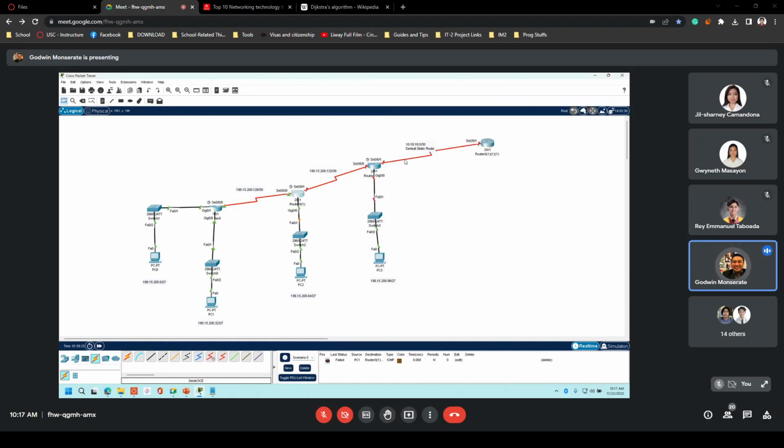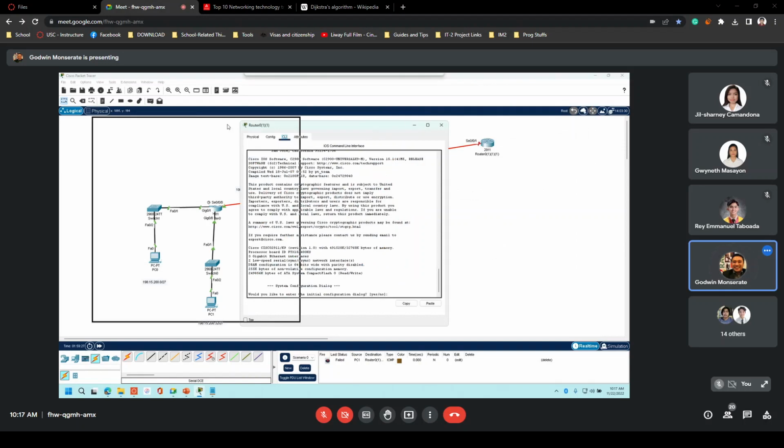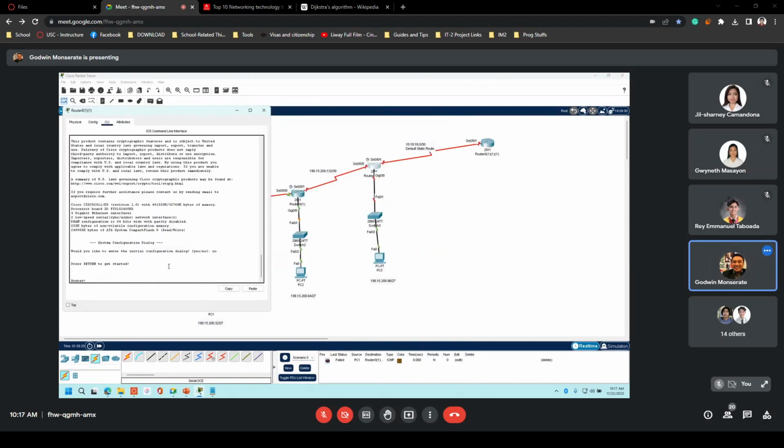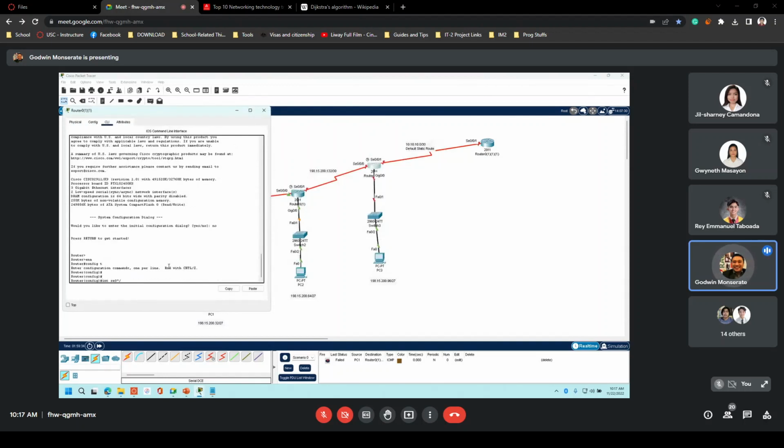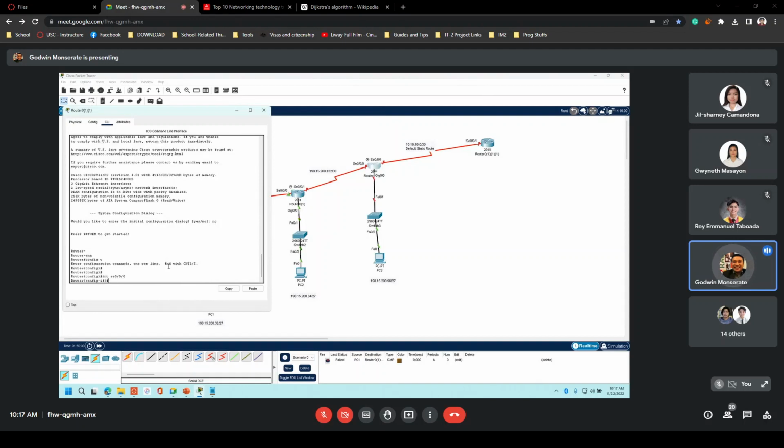Enable, config t, and int se0/0/0. You should be grateful that you were taught this. If you weren't taught this, you wouldn't know networking. IP add 198.15.200.134.